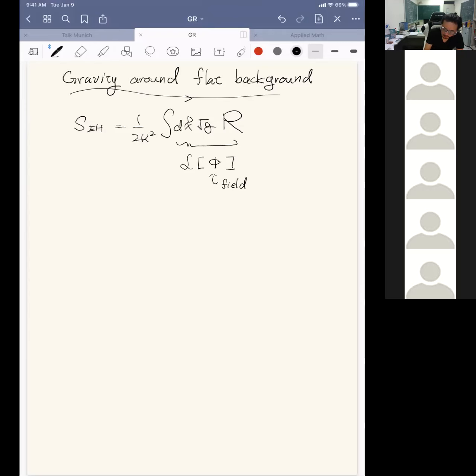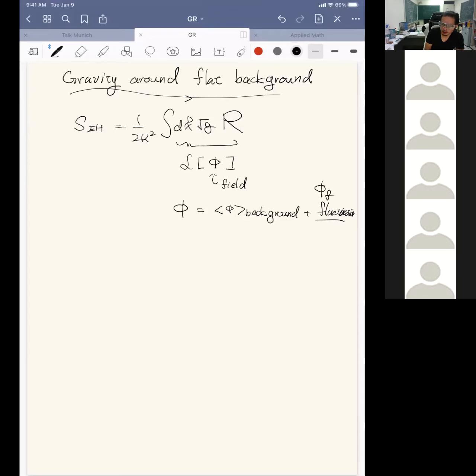And when we write this down, what we really mean is that the field is given by a background value plus fluctuations.